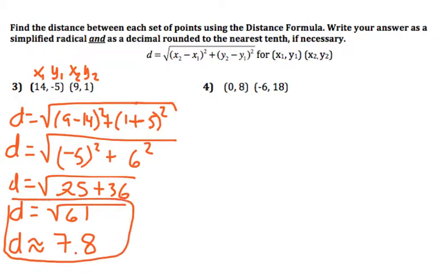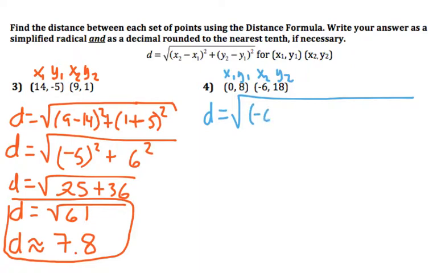Number 4. Again we have the ordered pairs (0, 8) and (-6, 18). So we've got x sub 1, y sub 1, x sub 2, y sub 2, and we're just going to substitute these into the distance formula. So the distance is equal to the square root of negative 6 minus 0 squared plus 18 minus 8 squared.